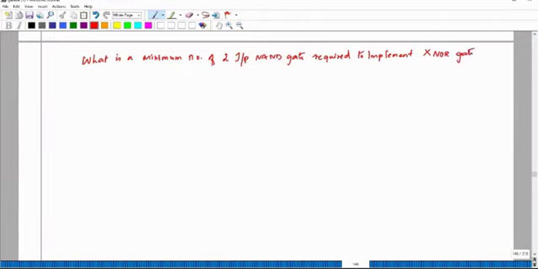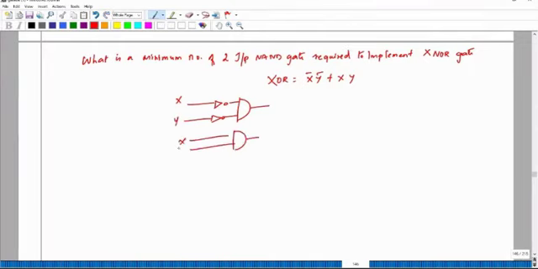So we know the option is 5. Let's check how. So XNOR gate output is x bar y bar plus xy. Okay, so this is x bar y bar, and this is xy.